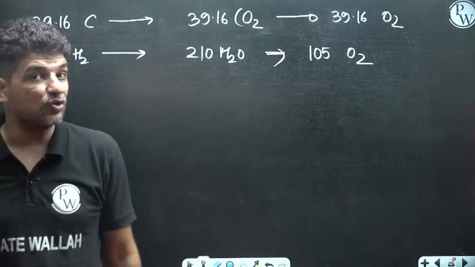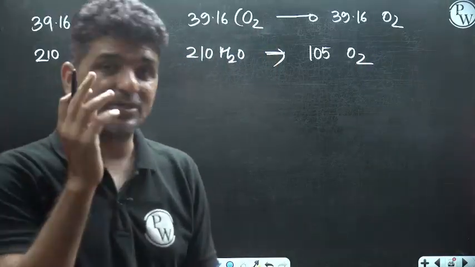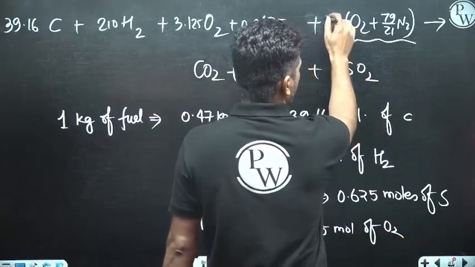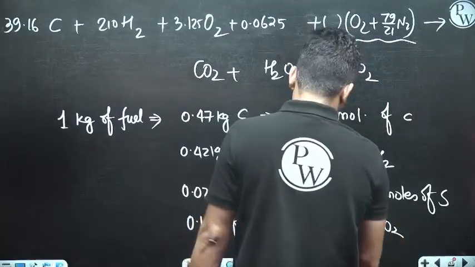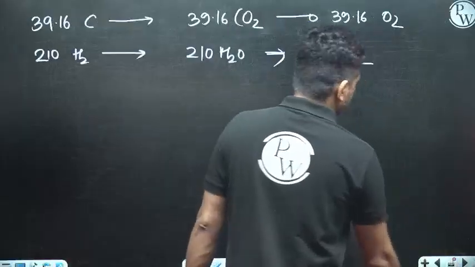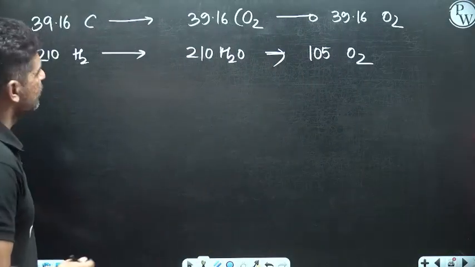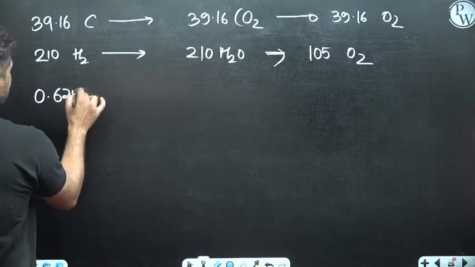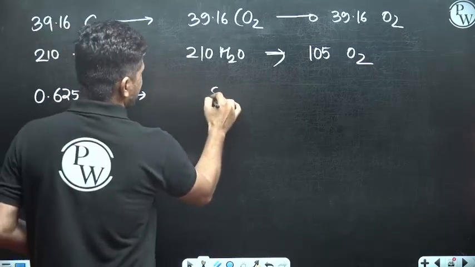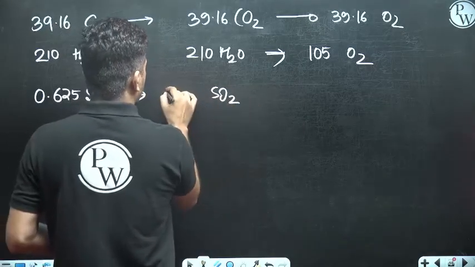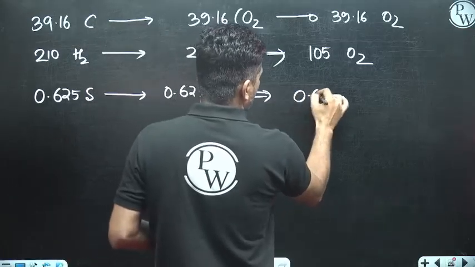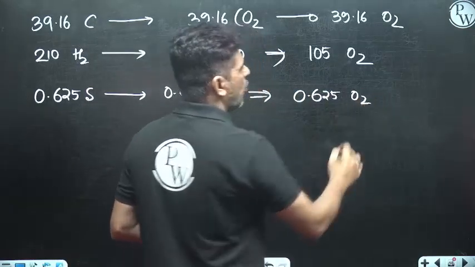We are writing moles of O2, so we will multiply the number that is coming over here. Understood? Then you have sulfur. 0.625 sulfur leads to SO2. So 0.625 SO2 will be produced. That will lead to 0.625 moles of O2.